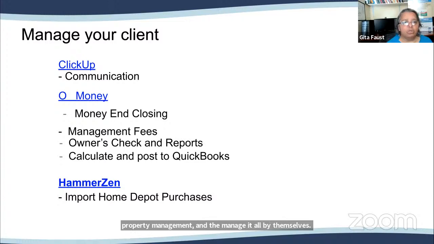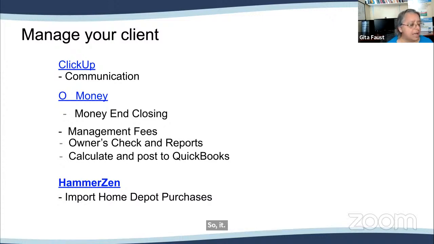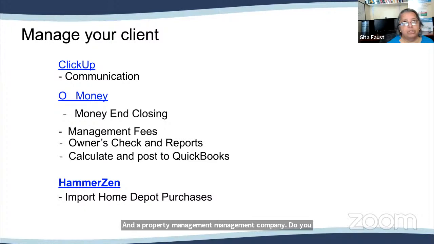So our app goes and creates the management fees, creates the owner's checks and reports, and posts it to QuickBooks automatically. So this client has 500 properties right now, and a property management company. They used to spend 2 days in month-end closing. Now it takes them only 2 hours to finish the closing.